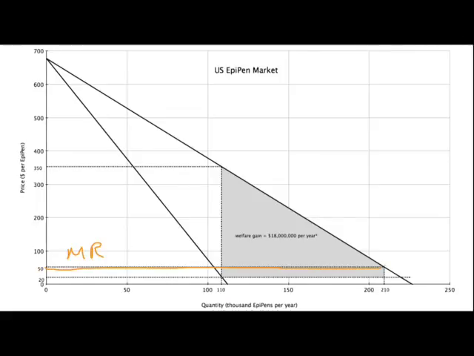I had indicated that there was a portion of the marginal revenue curve that after that 210 started like that, but no, actually the marginal revenue curve picks up after 210. It would be the continuation of this line, right? Because they'd have to discount all 210 EpiPens in order to sell one more, and that leads to whatever this function would be, but way down low. We can move off the screen actually.